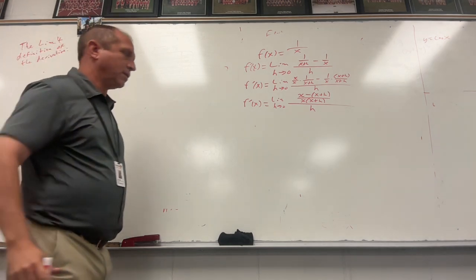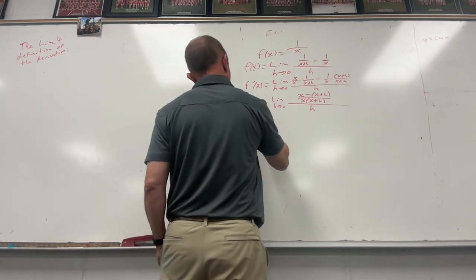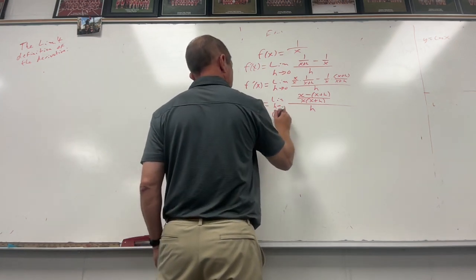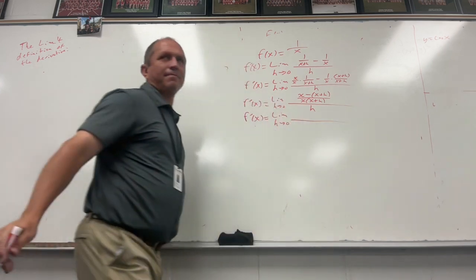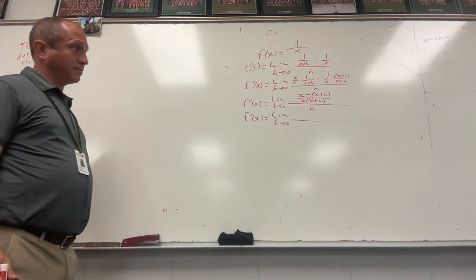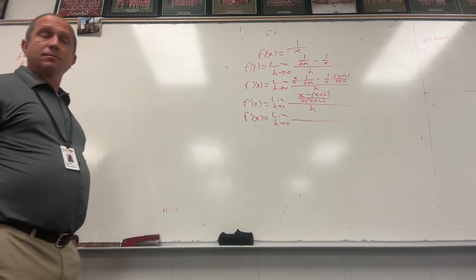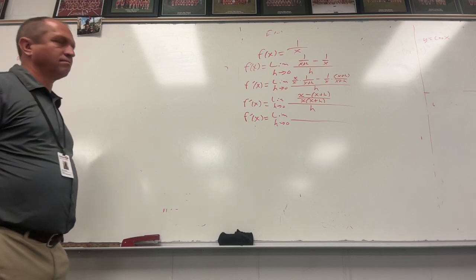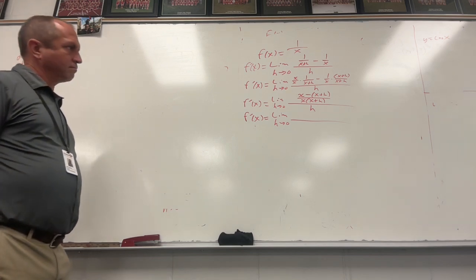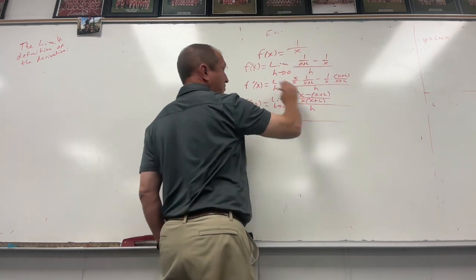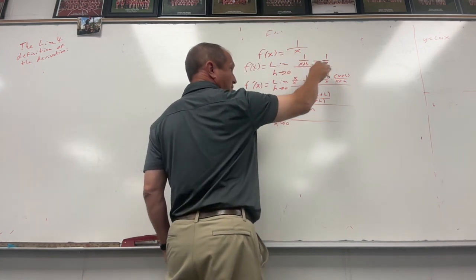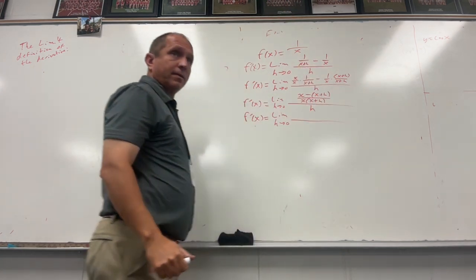Okay, so what do y'all think we do next here? Again, at any time through these first steps, if I ever plug in 0 for h, I'm going to get 0 over 0.